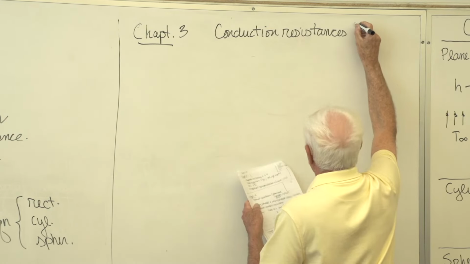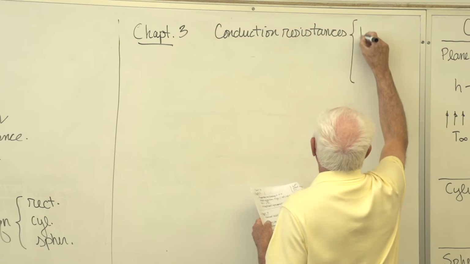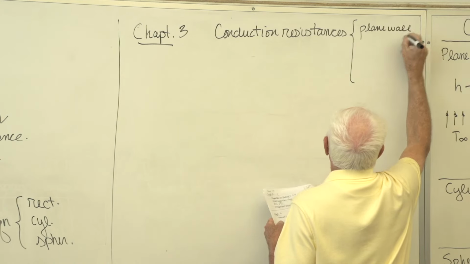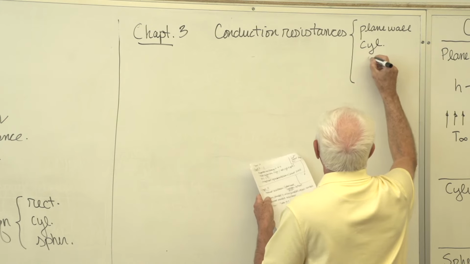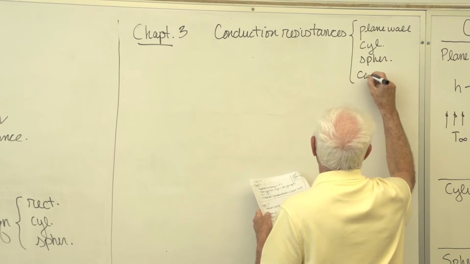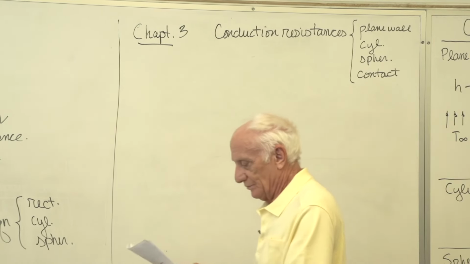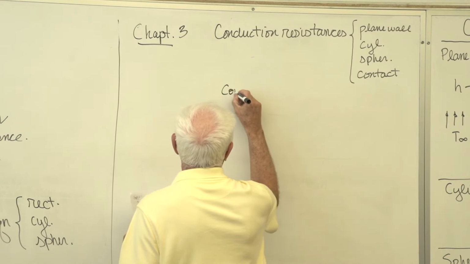Again, we have plain wall, cylindrical, spherical, and we have contact resistance. Then we have convection resistance.